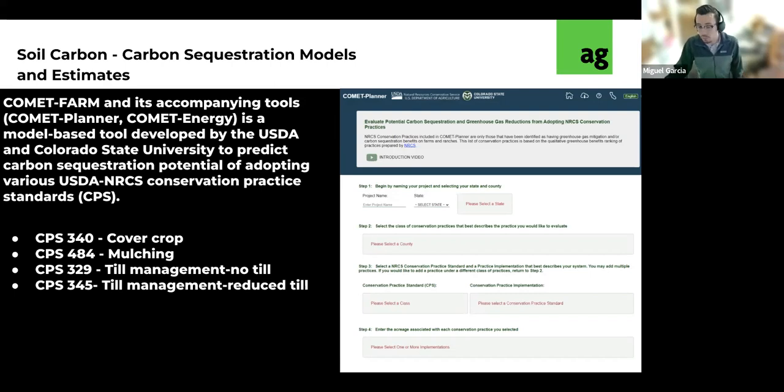It is one of the best tools that we have available to make a prediction, but it's not perfect by no means. So the best way to really know how these practices are sequestering carbon, how much carbon is sequestering, would be by actually measuring the amount of carbon in the soil. So if you were to actually measure the amount of carbon that is in the soil before and after you implement any practices and throughout the years as you're implementing practices, that would be the best way to really know what's really happening.